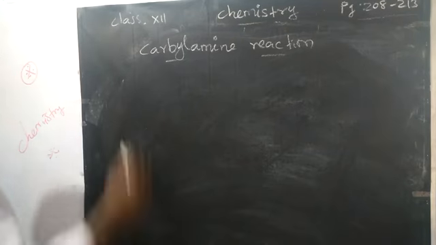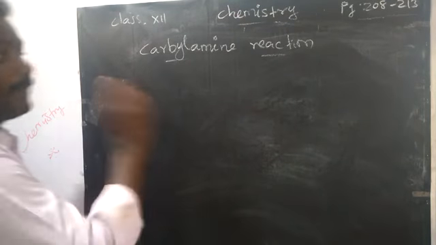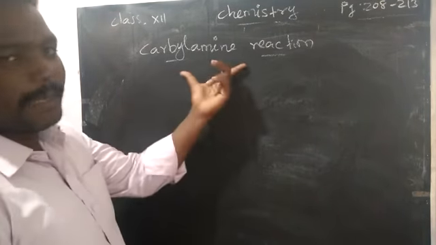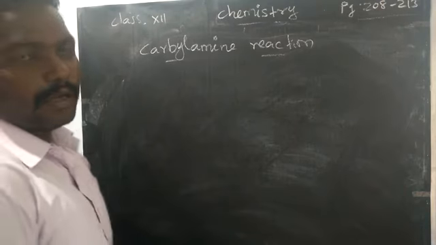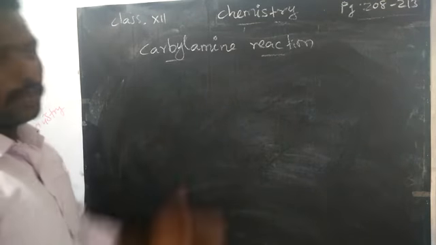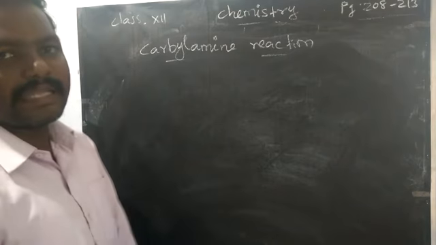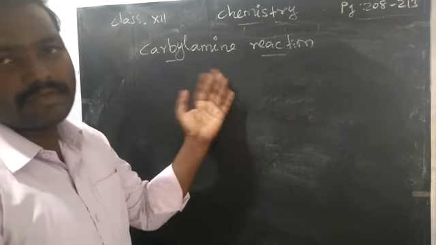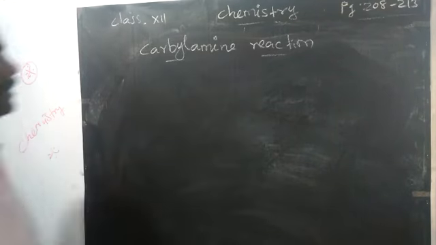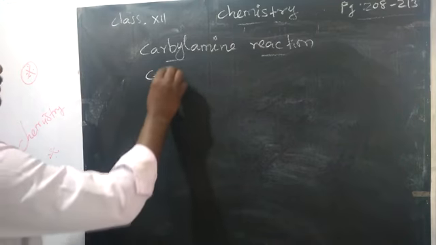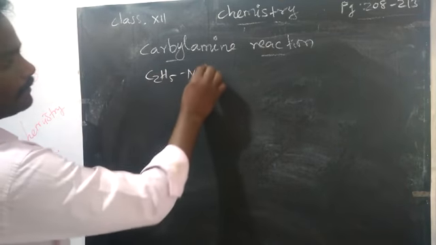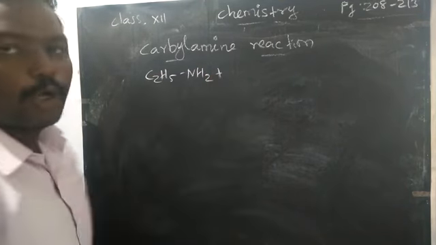Now, what are the things we have to take? As usual, a primary amine, because the carbylamine reaction is a test for primary amines. Suppose you want to confirm whether it is a primary, secondary or tertiary amine, we can use this for primary amines. So we take ethylamine with chloroform.